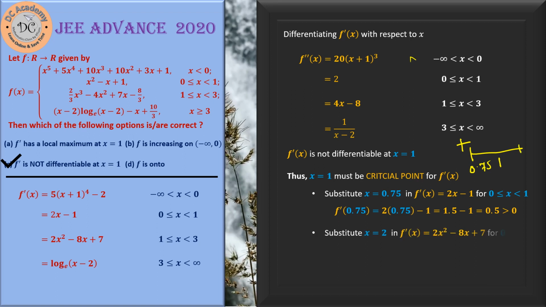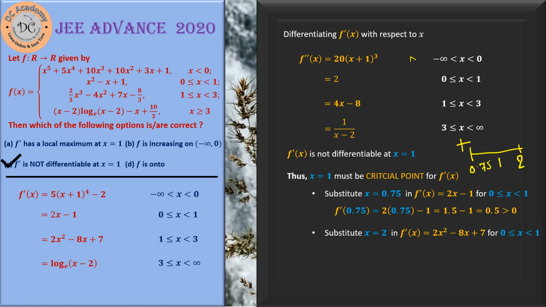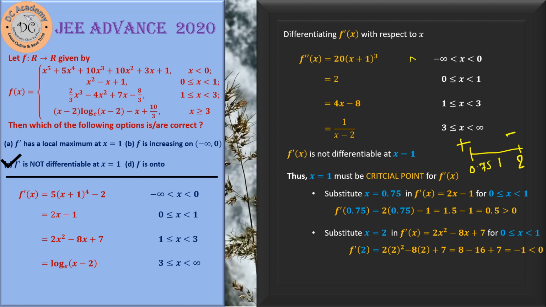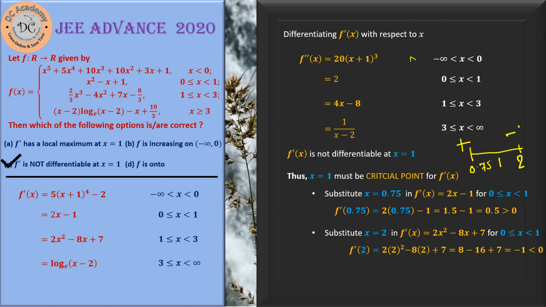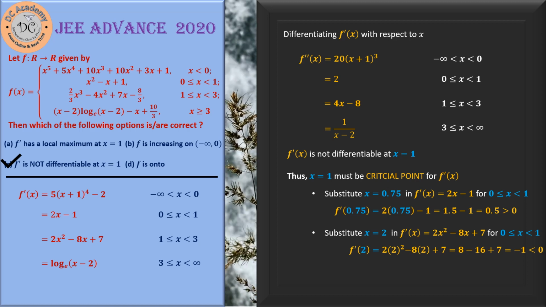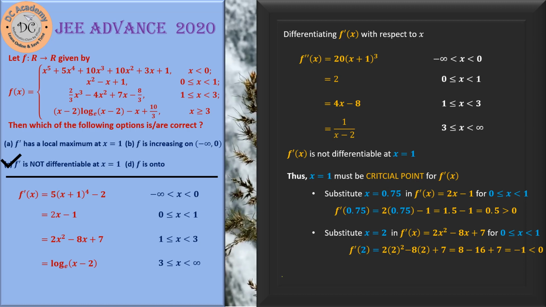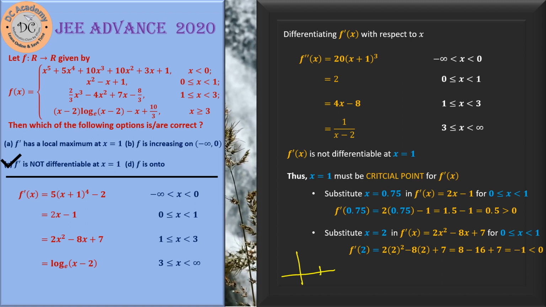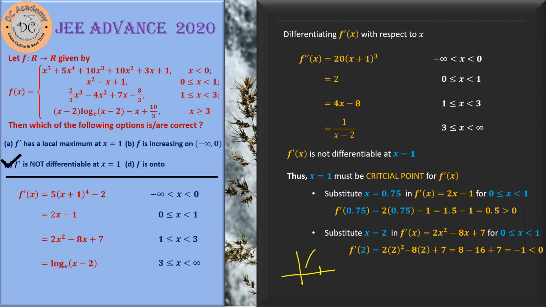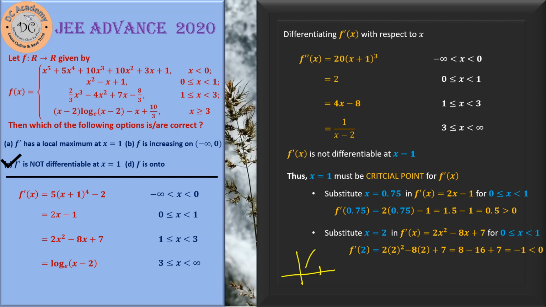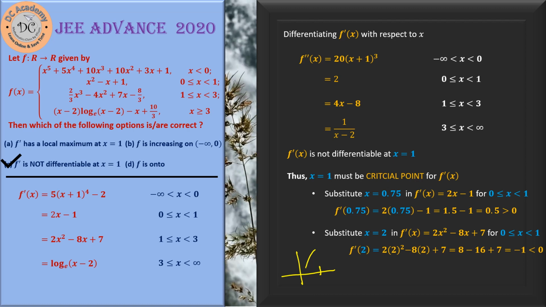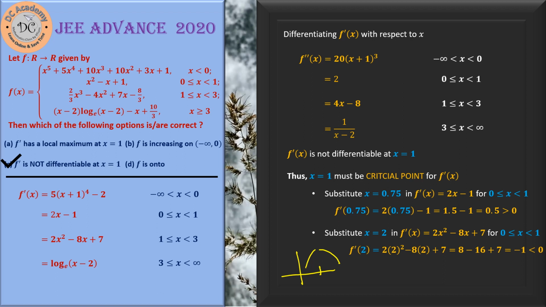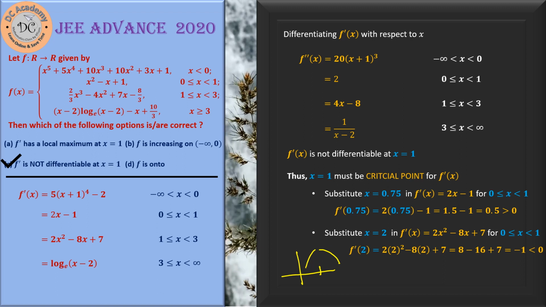We need to calculate what happens afterwards, so we substitute x equal to 2 and we get minus 1, a negative sign. So from 0.75 to 1, f dash x is an increasing function, and then f dash 2 is less than 0, so that function will be decreasing.